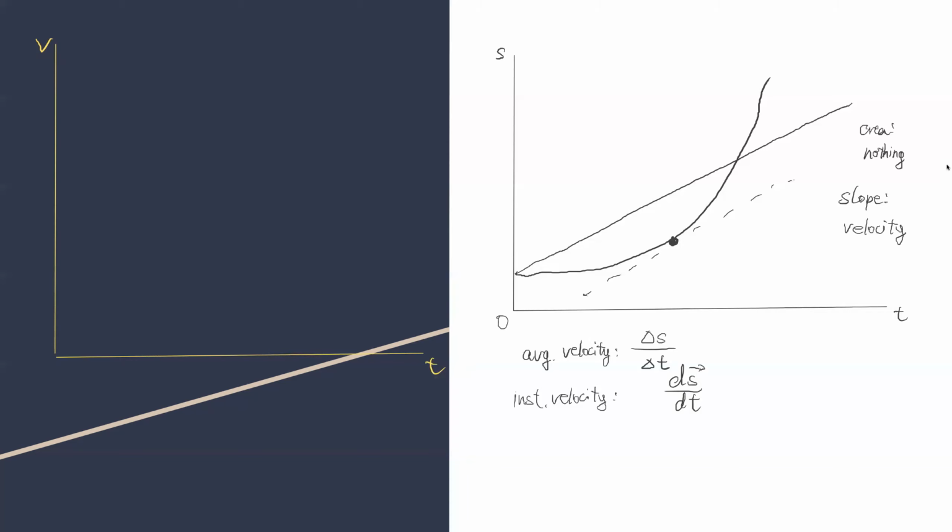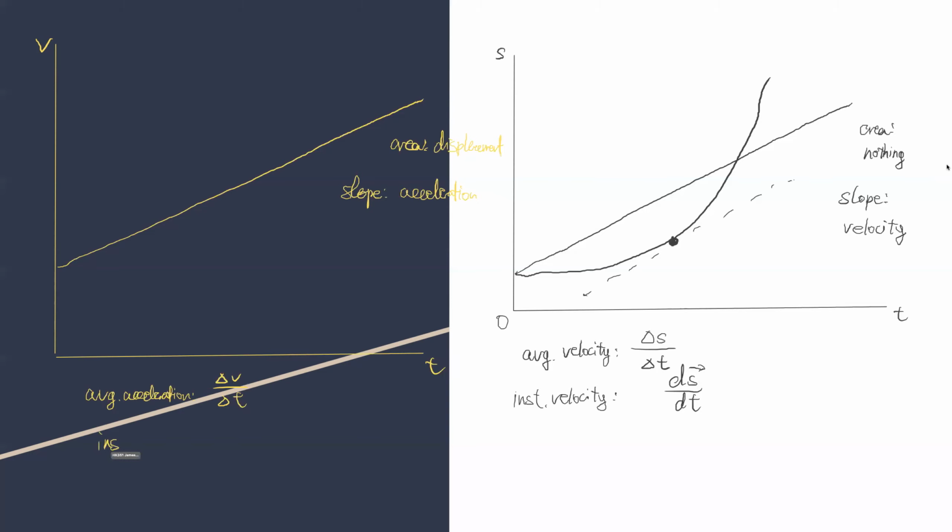If we have a velocity line like this, then the area underneath the curve means the total displacement. The slope means the acceleration. And same thing, average acceleration is the total change in velocity over the total change in time.